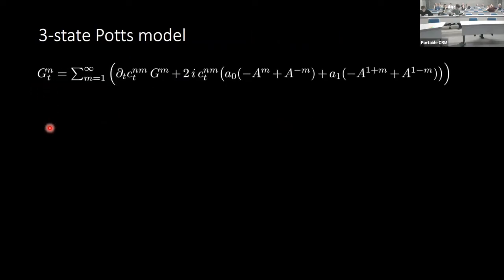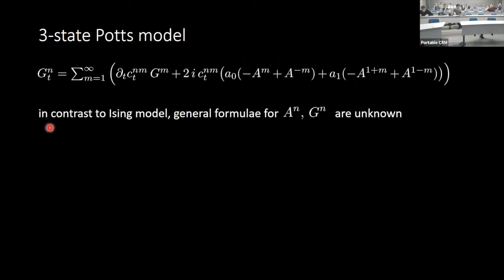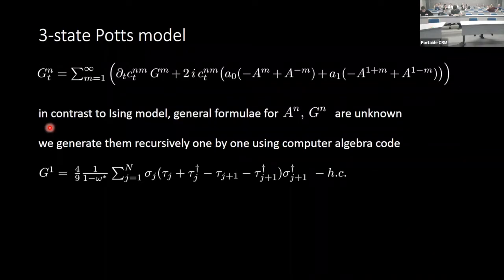Here is our answer for the Heisenberg operator. However, in contrast to the Ising model, general formulas for AN and GN are unknown. So we can generate them recursively, one by one, using a computer algebra code from the defining relations. For example, G1 looks like this.